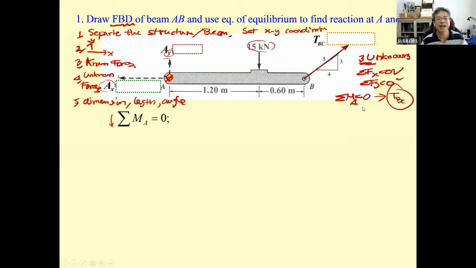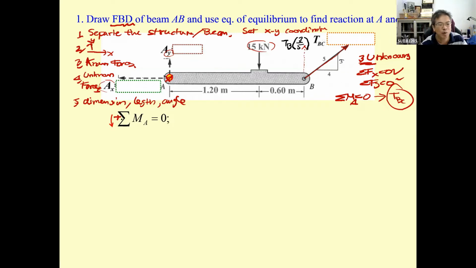Okay, let's take the moment at A and take the counterclockwise as the positive. Why do you take the counterclockwise? Because for the T sub BC, when you separate the components over here, the T sub BC in this component will times what? This is the vertical, so it will times 3 divided by 5.